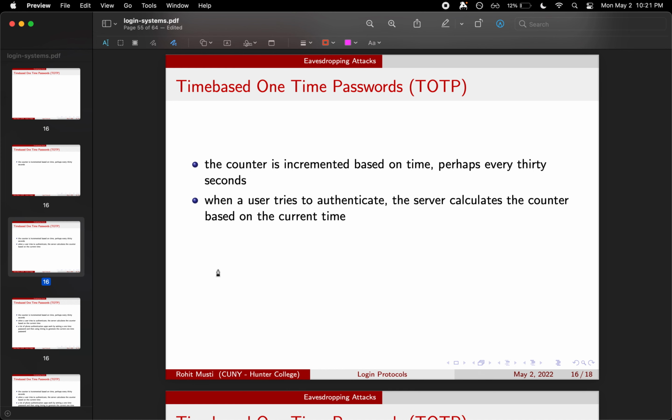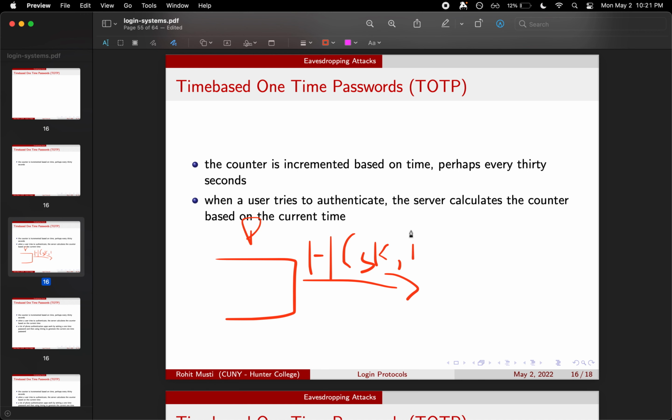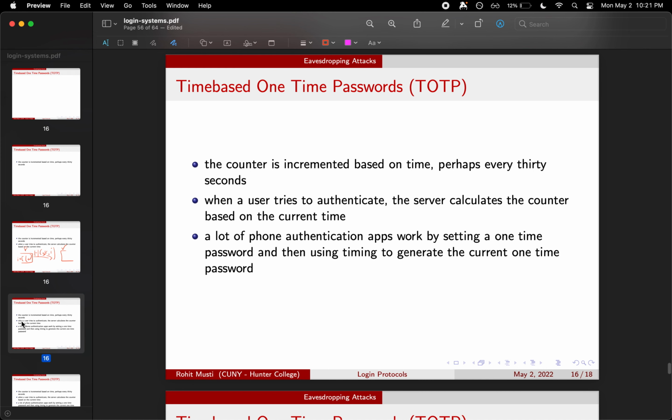So if we go back here, right, they send the hash of the secret key and the counter, but the counter is just a function of the time. So that's a time-based one-time pad.